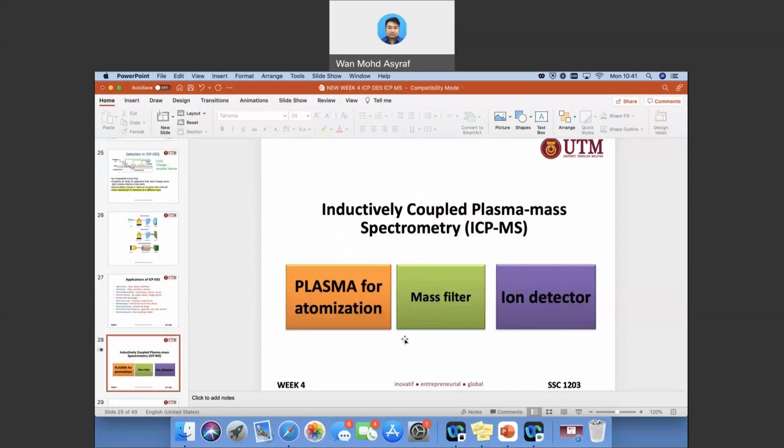All right, so, inductively coupled plasma mass spectrometry. This is what I've mentioned before. It also uses plasma for atomization, and then we have a mass filter here, and an ion detector later on. So there's a difference between ICP-MS and ICP-OES.